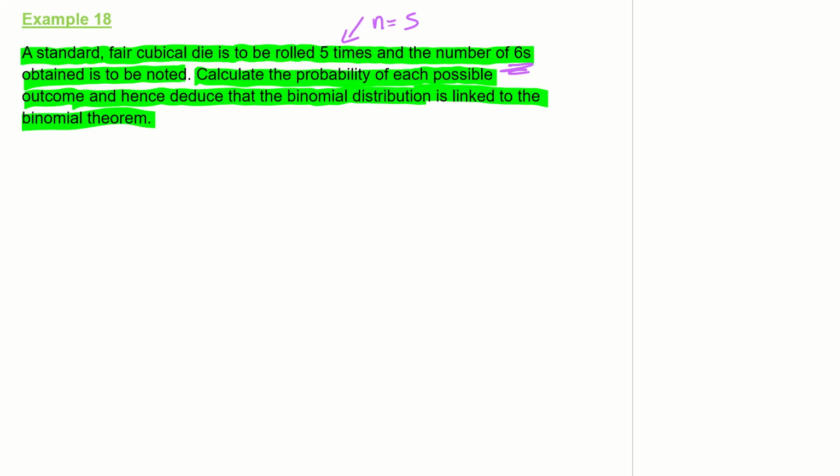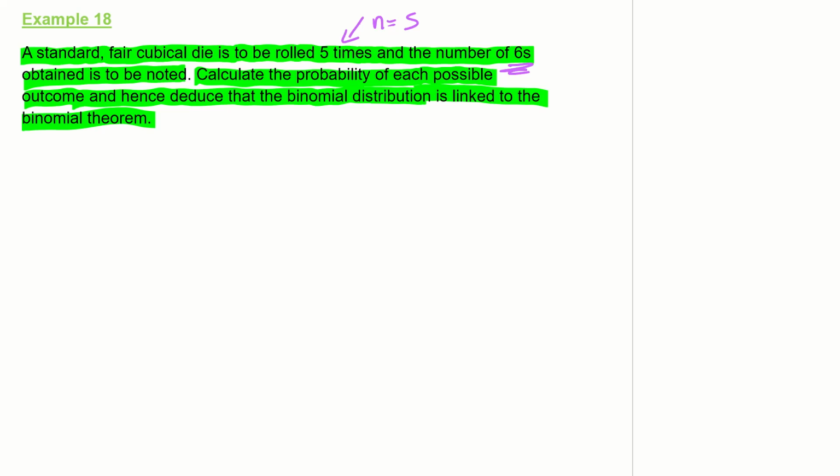Probability of x is 3 would then be 5/6 times 5/6 times 1/6 times 1/6 times 1/6. And in the same way we did before, we've got to choose 3 slots for our 6s. And if we do that, that's 250 over 7776. Probability of x is 4.